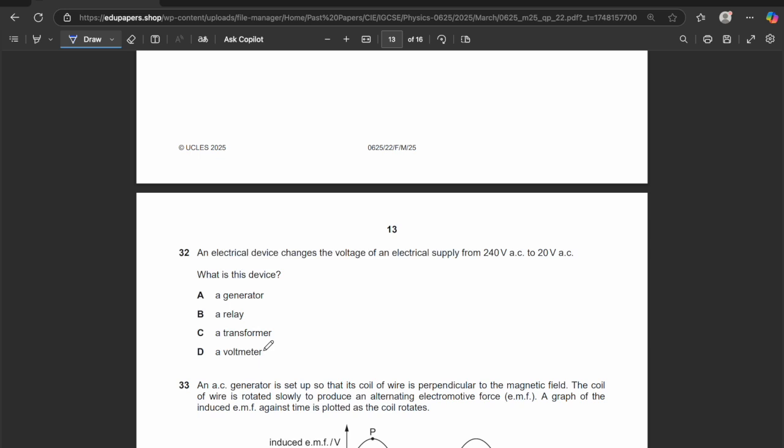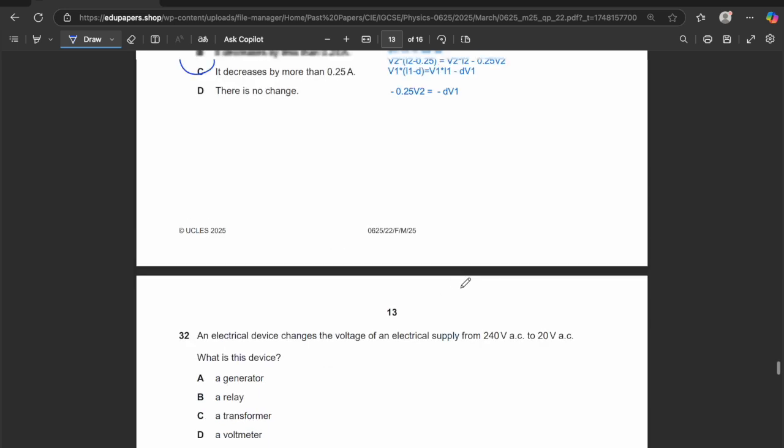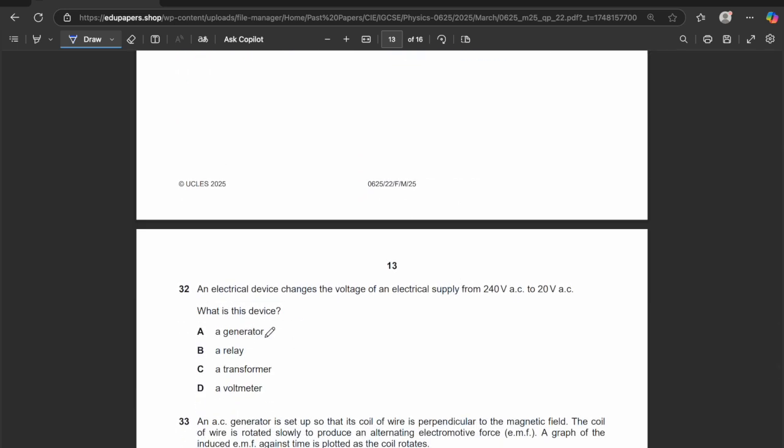So 32. An electrical device changes the voltage of an electrical supply from 240 volts AC to 20 volts AC. So what is this device? It decreases. I think a generator generates electricity, does not decrease. Relay also does not decrease.